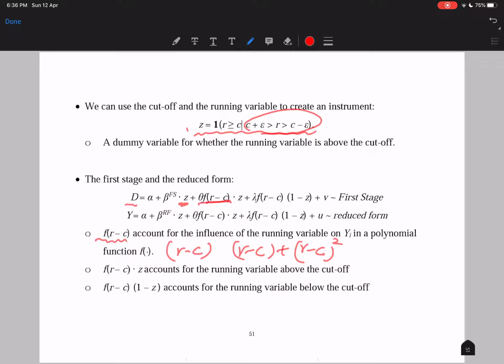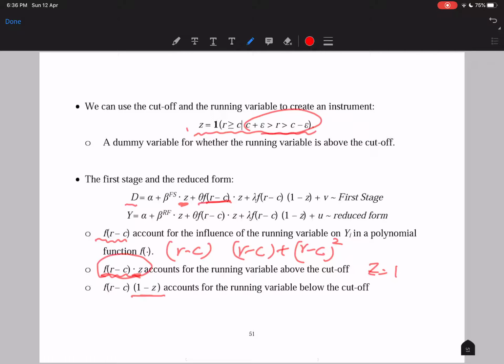And we actually want to account for the influence of the rounding variable separately on either side of the cutoff. That's why we interact the f function with the instrument z and 1 minus z. So this term here accounts for the rounding variable above the cutoff, right? Because when z equals 1, we only have this term.